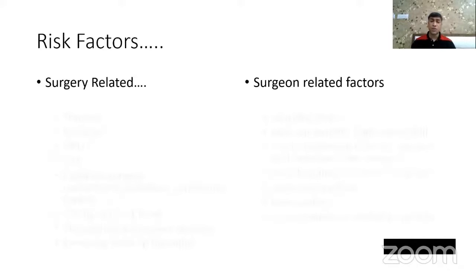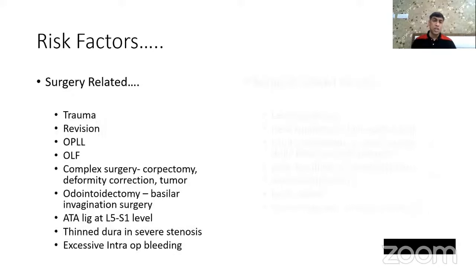The risk factors associated with dural injury can be broadly categorized into the surgery or procedure related, and the surgeon related, that is the technique and the learning curve. It's well established that cases of trauma or revision cases in which there is too much scar, and one has to be extra careful, have a higher chance of dural injury.